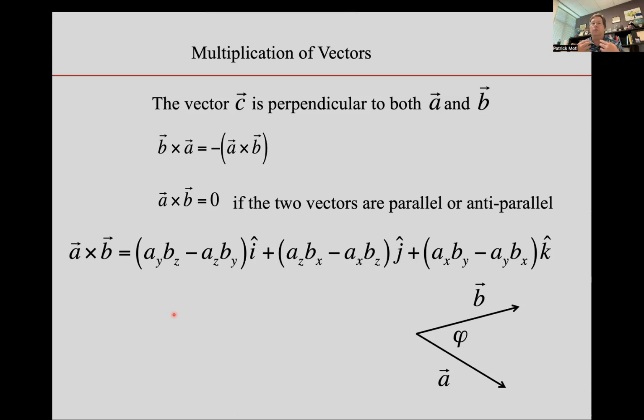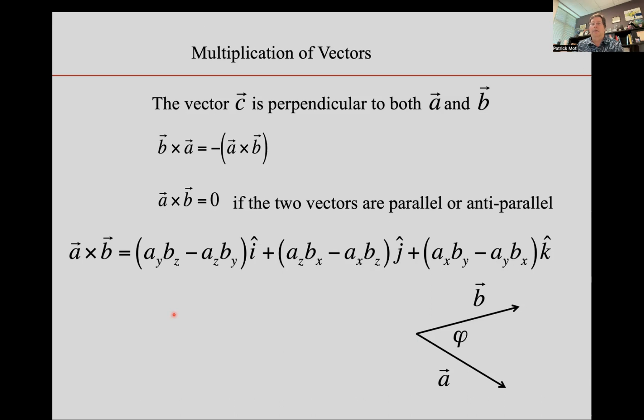And then we can do the vector product, also called the cross product, which constructs a vector that is perpendicular to both A and B. So if C is equal to A cross B, then the magnitude of C is the magnitude of A times the magnitude of B times the sine of phi. And the direction the vector C points follows from the right-hand rule.